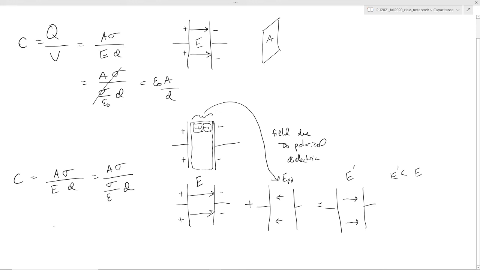And we know that's the same thing as sigma over k epsilon naught. So you can see what happens is you end up with k epsilon naught A over d.